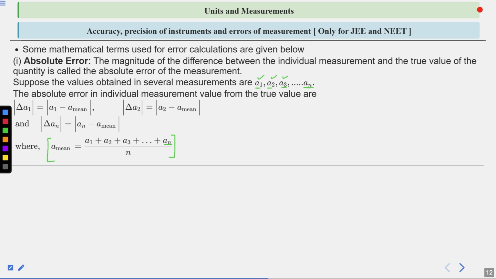Now if we want to calculate the mean value of the given measurement data, first of all we add all the given data, A1 plus A2 plus A3 plus An, and divide by n. So this gives the mean value.